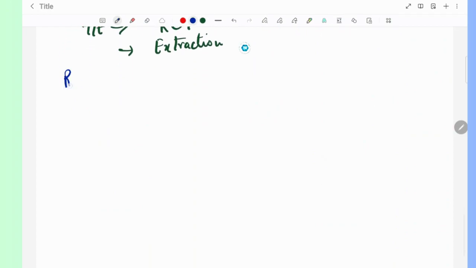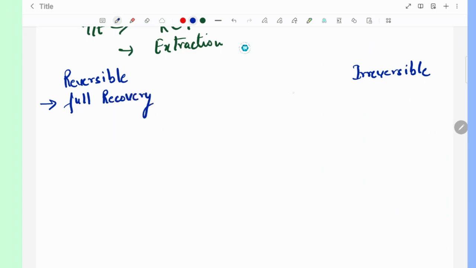Summarize the differences between the reversible and the irreversible pulpitis. In reversible pulpitis, the tooth is capable of full recovery after the irritant is removed, but in irreversible pulpitis, there will be no recovery even after the removal of the stimulus.